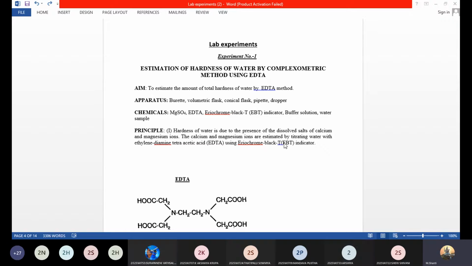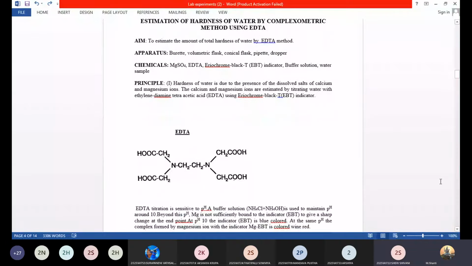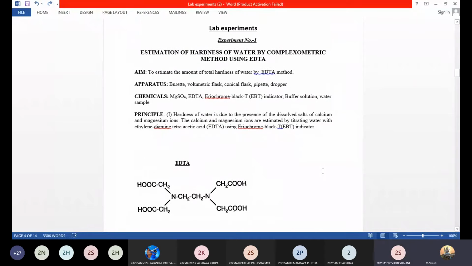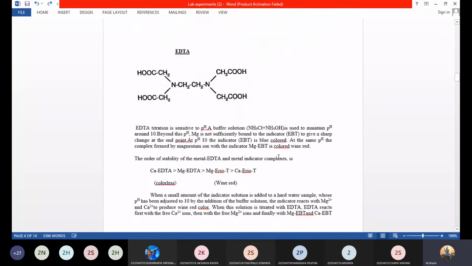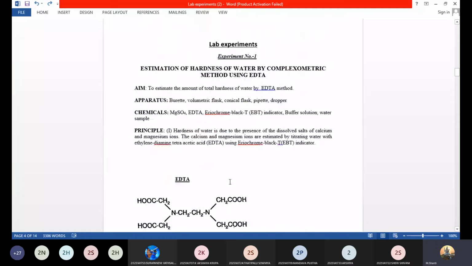Do you remember the structure? Yes, ma'am. So you have to be prepared for viva also, girls, because once you have done your experiment, viva will be taken for all 4 experiments. So before you come to the lab, you have to complete your record work and prepare for the viva. At the end of each experiment, you have to be thorough with the principle part also.